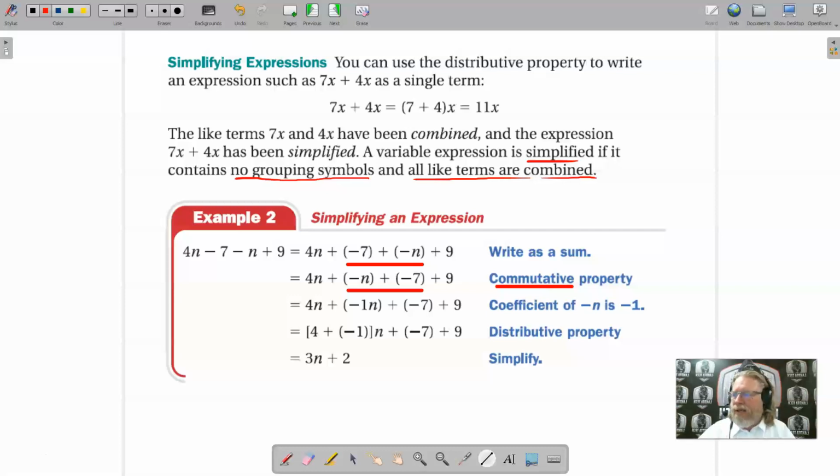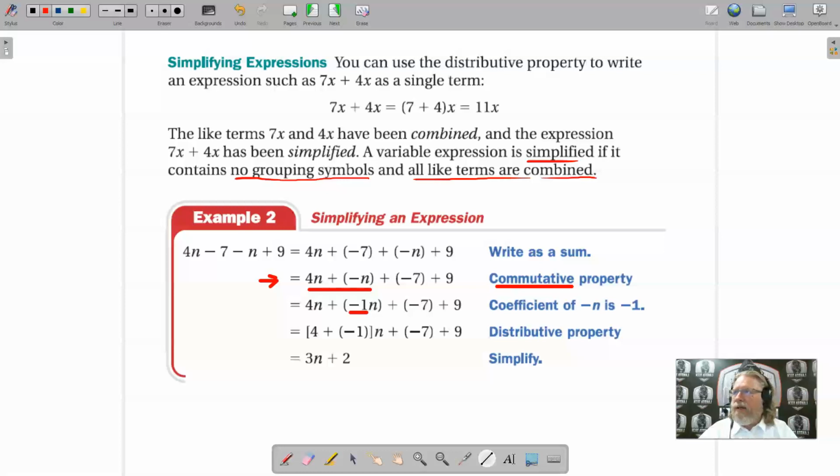Notice that between these two lines here, they've exchanged places. And now that they've exchanged places, we can look at this next line here, and we realize that we've taken the 4n and the plus the negative n, and we put in our coefficient of 1. We're writing the coefficient of negative n as negative 1.